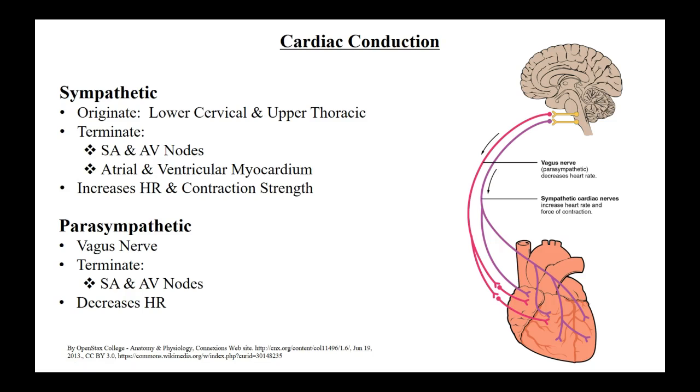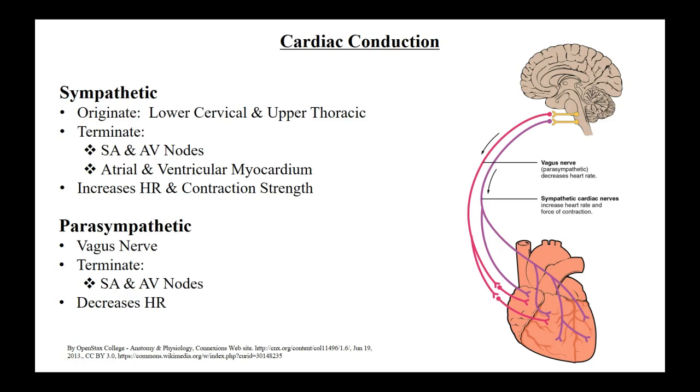Now, let's go back up to the sympathetic. It terminates not only at the SA and AV nodes, but also the myocardium. The chronotropic effect happens because it's affecting those nodes, and it also has effects on contraction strength.